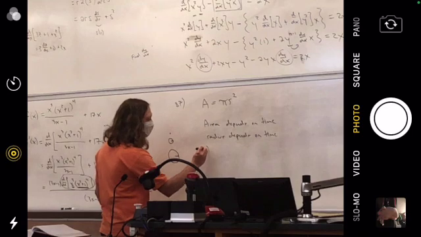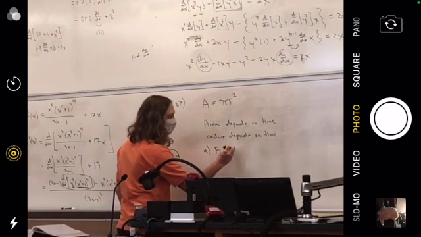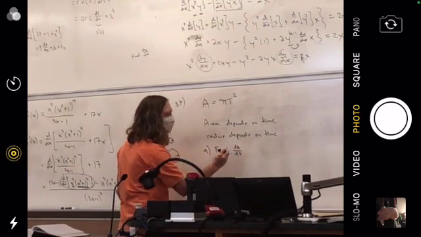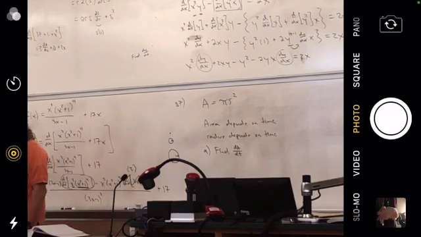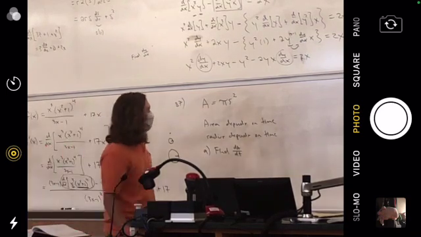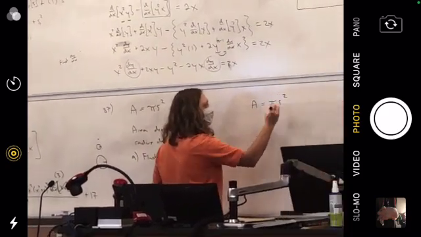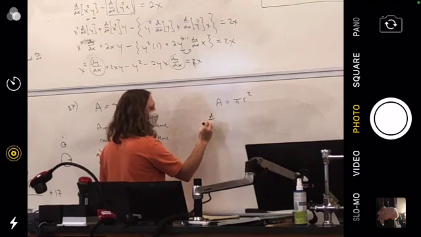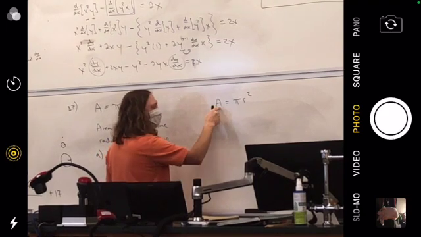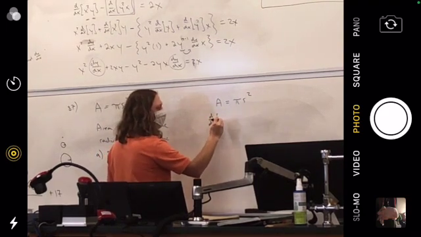So part A says find dA dt. All of these are going to be implicit differentiation. So how do we do that? If we have A is pi r squared, this must be the same as this.